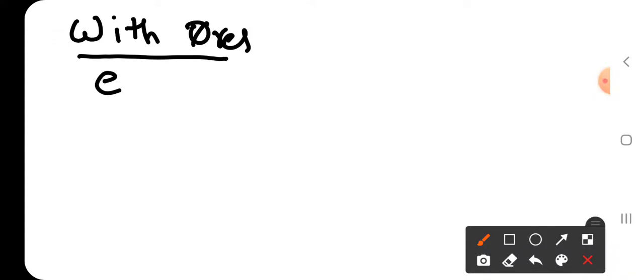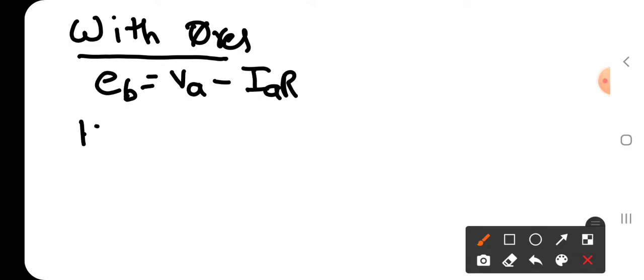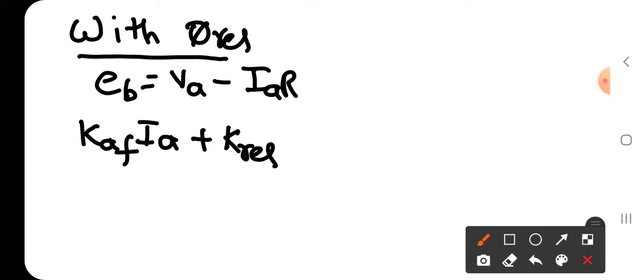We know that E_B is equal to V_A minus I_A into R, where E_B can be written as K_AF into I_A plus K_RES into omega.